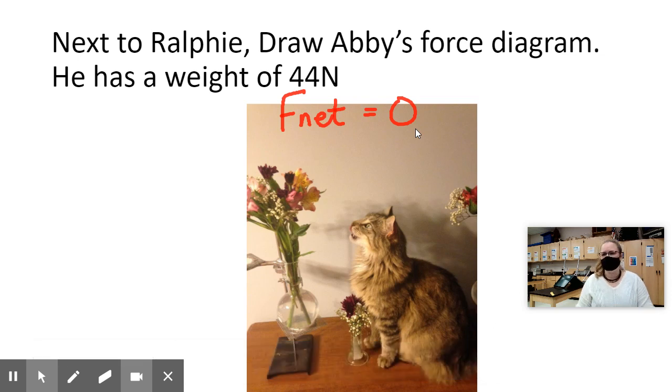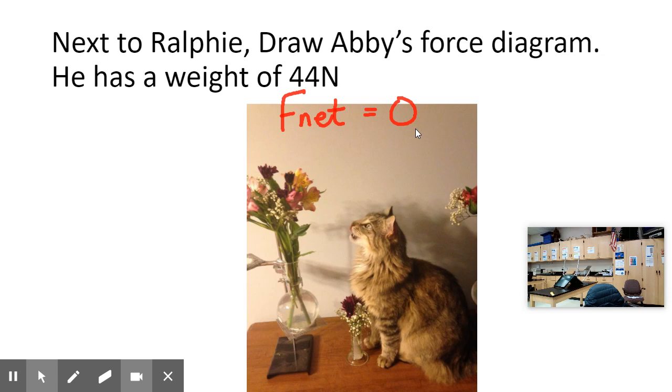The difference is he has a different weight, doesn't he? So how do you think our force diagram is going to change? Yeah. The length of the arrows. Yeah. So our vectors are going to be smaller, correct? Because Ralphie was 400 and Abby's only 40 and, little.